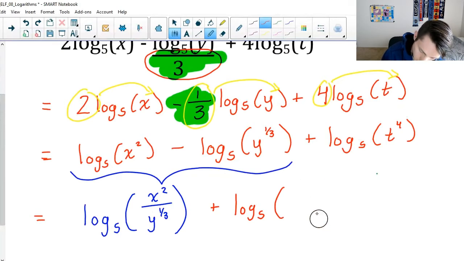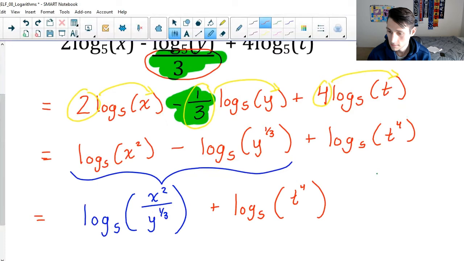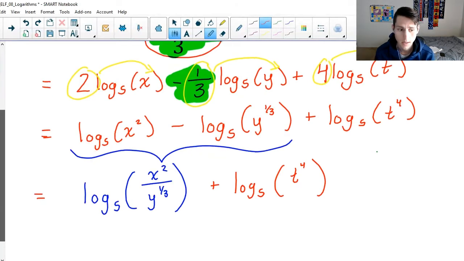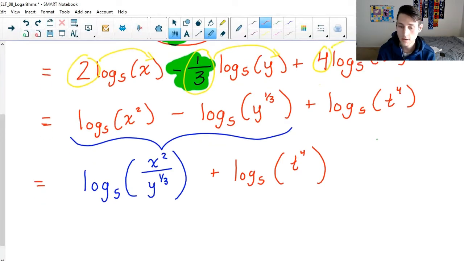Oops, no, I wrote it like that. Okay, so besides that, once we have those two combined, now let's go through and combine those next two.